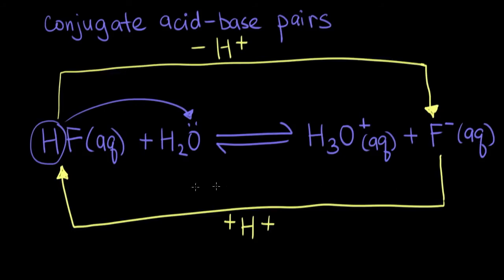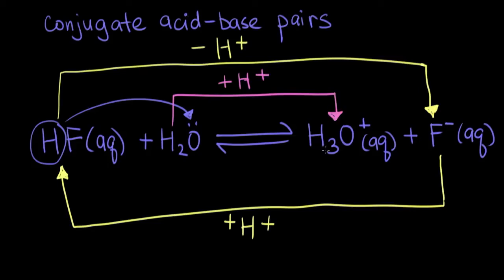So we can see that HF and F minus have this special relationship where you can form one or the other by losing or gaining a proton. And we can see a similar relationship between water and hydronium. Here, water is accepting a proton from HF. So we see that water will gain a proton, and that will give us hydronium.